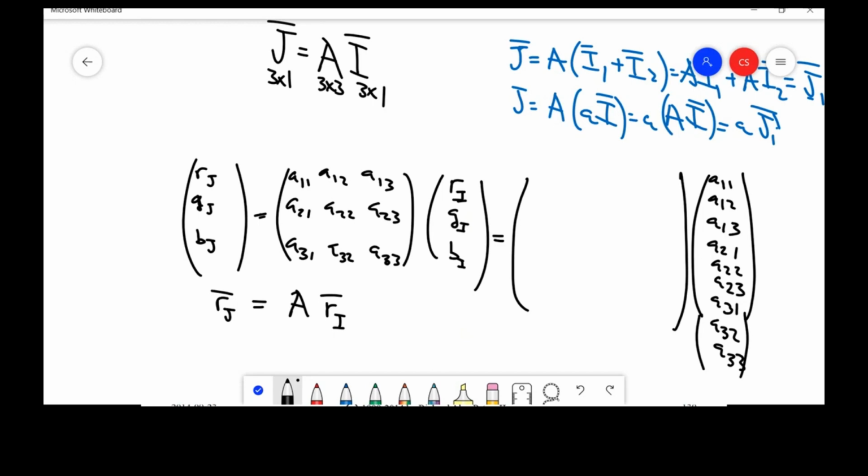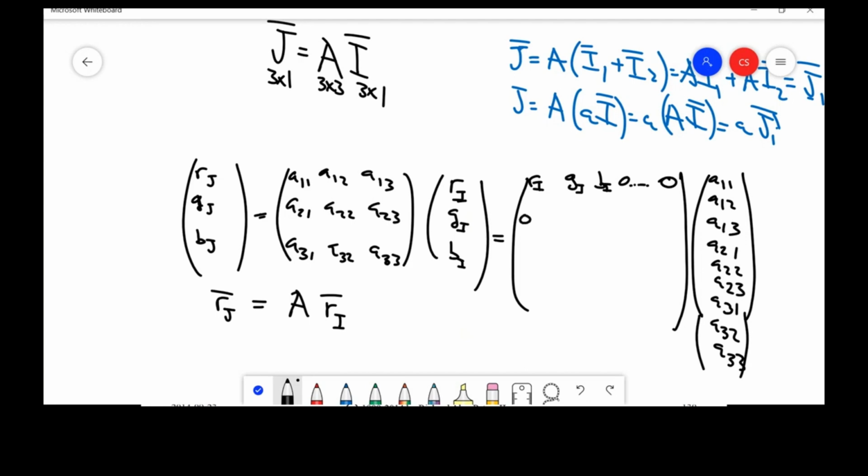So A11 is multiplied by Ri, A12 is multiplied by Gi, and then A13 is multiplied by Bi. And then I have a lot of zeros, because all these numbers here, they're not multiplied by anyone in this line. You see? Okay, what about the second? So the second one is multiplied A21, A22, A23.